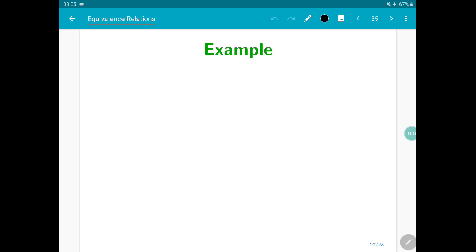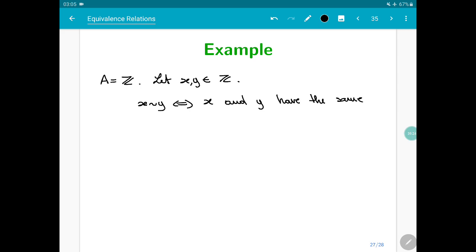A more interesting example. So imagine you have A equal to Z, the set of integers, and take x, y in Z. And you say that x is in relation with y if and only if x and y have the same remainder when divided by 7.